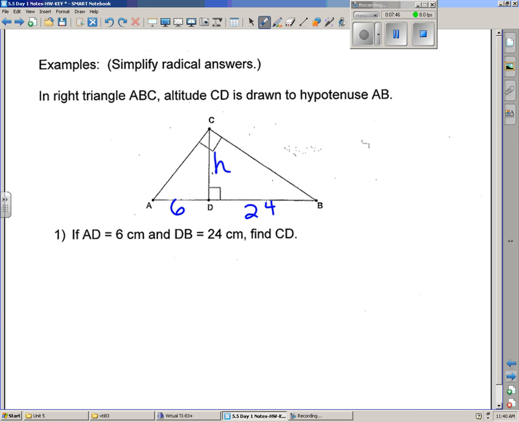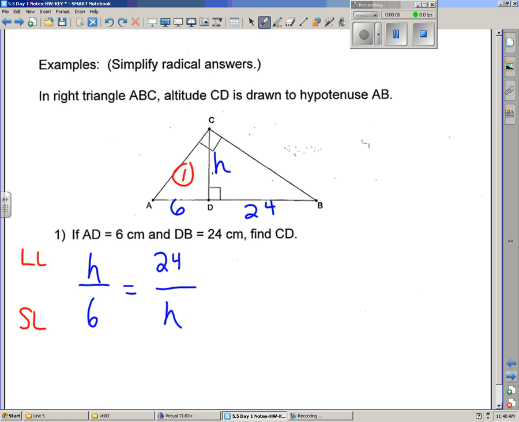This is the altitude theorem, where I know that my altitude is going to be the geometric mean between the two parts of the hypotenuse. If I deal with this triangle here, my altitude, my height, is the long leg, and my 6 is the short leg.